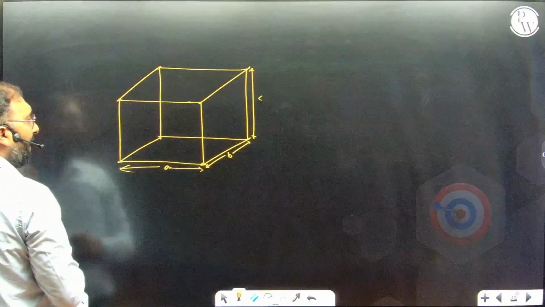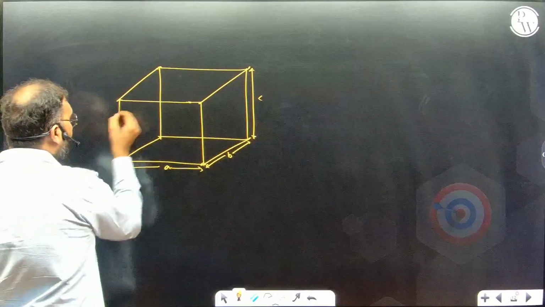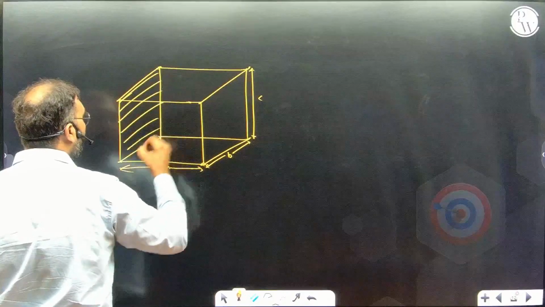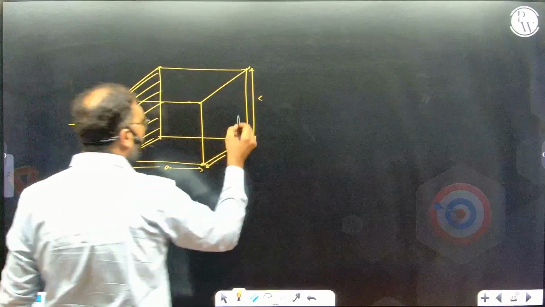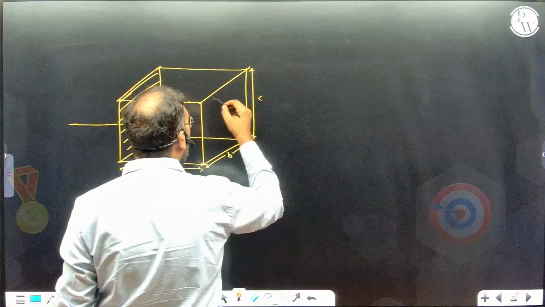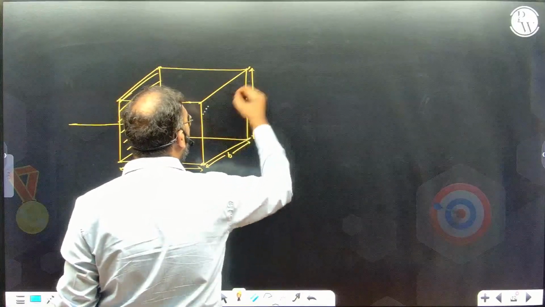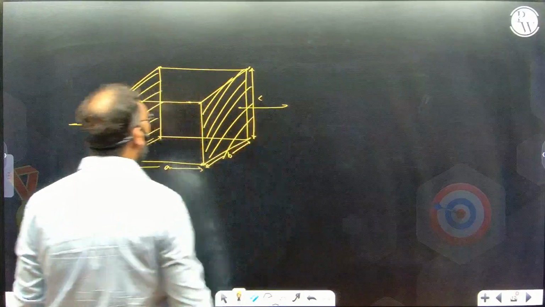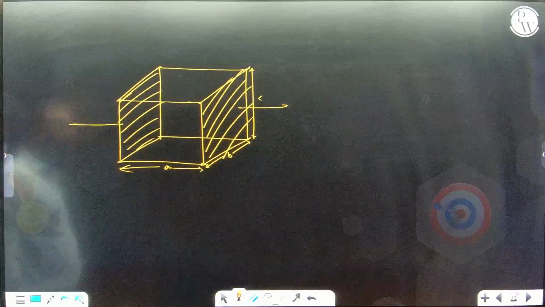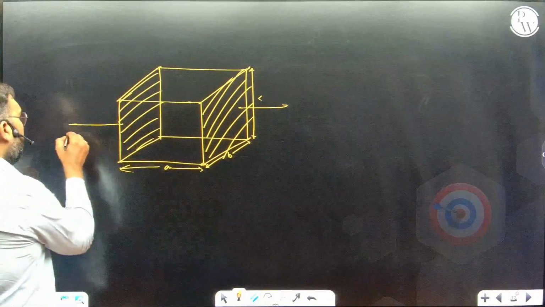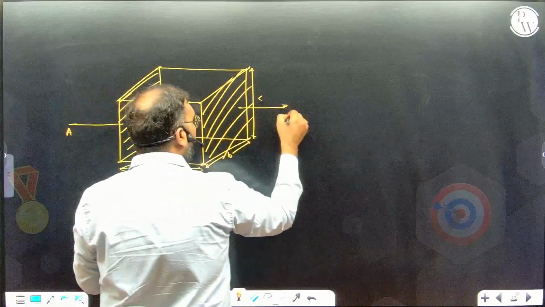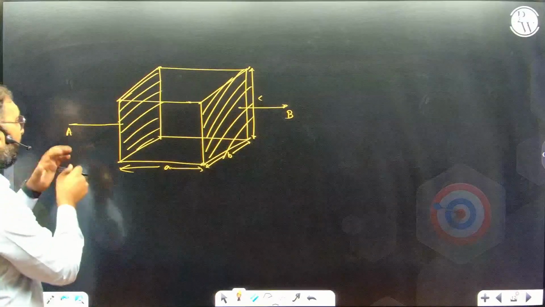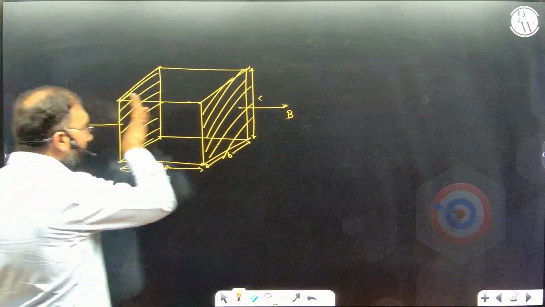And if I ask you to find out the resistance between this particular surface and this particular surface, the resistance between this point A and this point B, it means that the current will enter from this face and it will exit from this face.